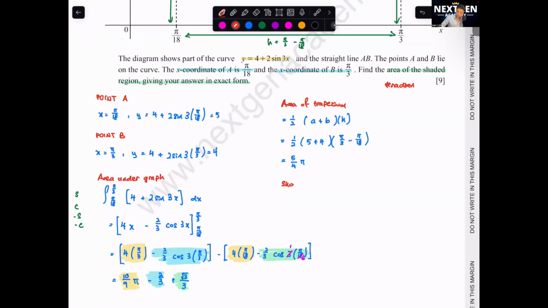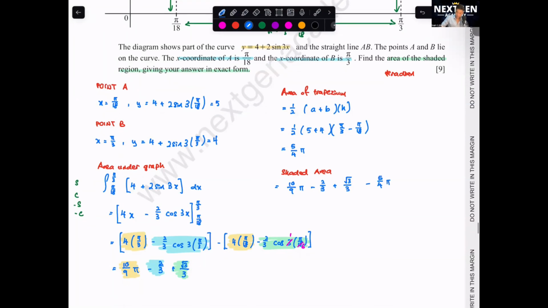Okay, final one, shaded area. We will take the area under the graph minus the area of the trapezium. So 10 over 9 pi minus 2 over 3 plus root 3 over 3 minus 5 over 4 pi. Sorry, I think I also gave a wrong value here.